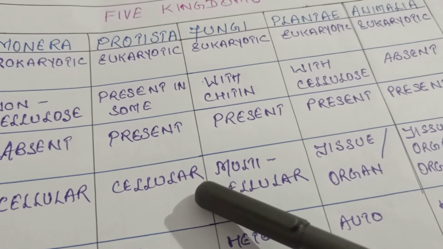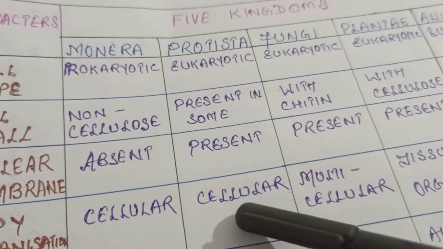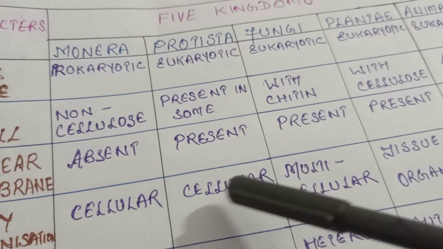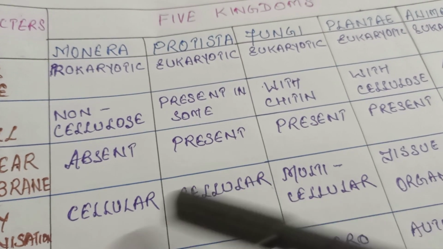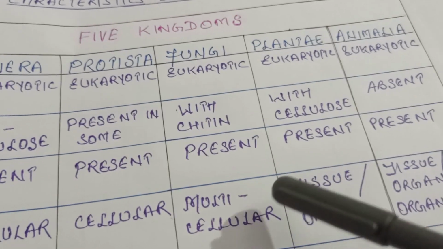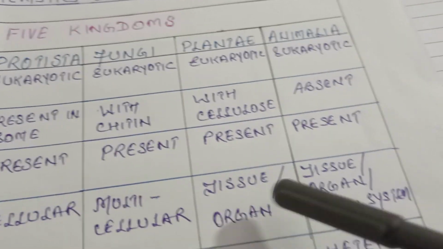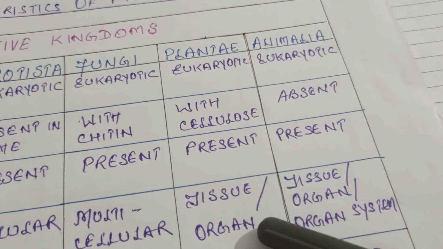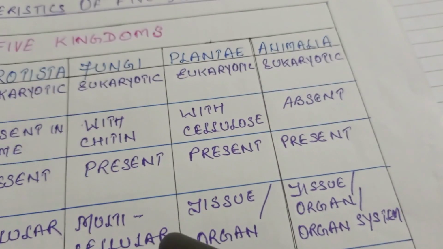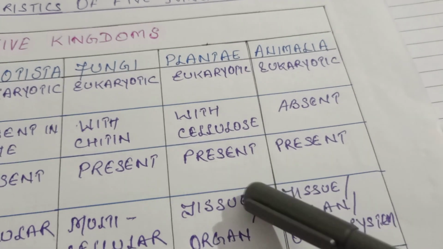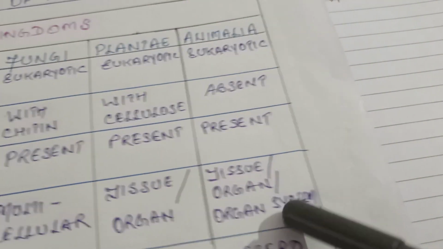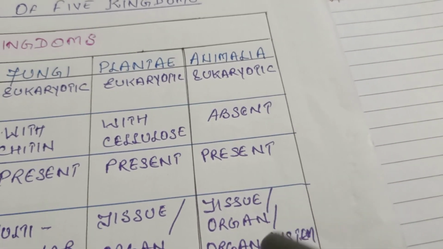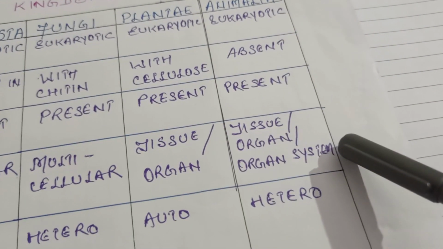In Protista, body organization is cellular, made up of cells, and they are primitive, so maybe of a single cell. From fungi, we have multicellular, and in Plantae, a more developed multicellular tissue system and organ system. That means many cells form tissue, and tissues form organs. In animals, there are tissues, organs as well as organ systems.